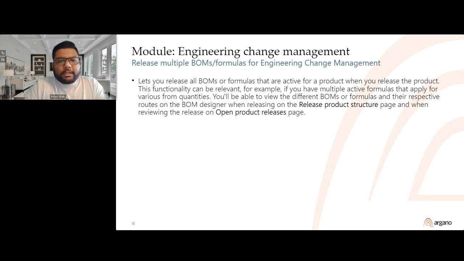This functionality can be relevant, for example, if you have multiple active formulas that apply for various from quantities, you'll be able to view the different bill of material or formulas and their respective routes on the BOM designer when releasing on the release product structure page and reviewing the release on open product release page.